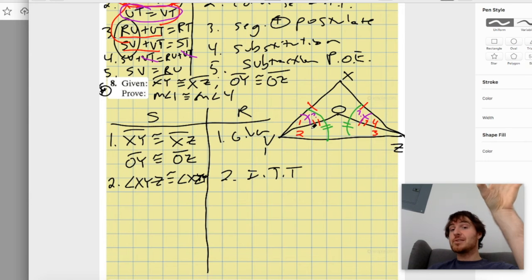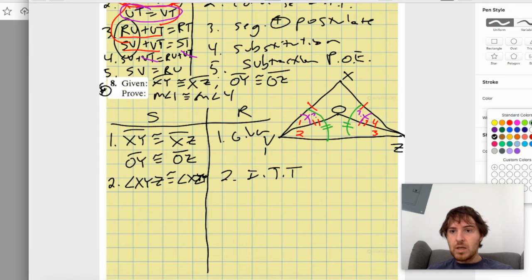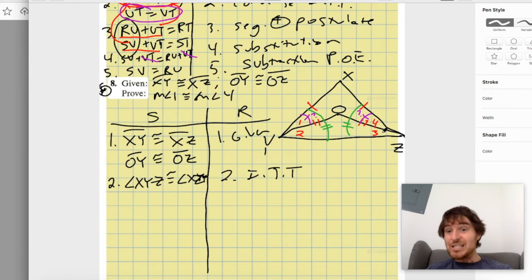So when you start with an isosceles triangle, that's the ITT, right? Start with sides being congruent, you get angles, ITT right there. Okay, and then the second thing we can confirm is that this is also an isosceles triangle down here. OYZ is also an isosceles triangle because OY is congruent to OZ, and if that's the case, then these angles, which are opposite those two sides in that triangle down here, would also be congruent.